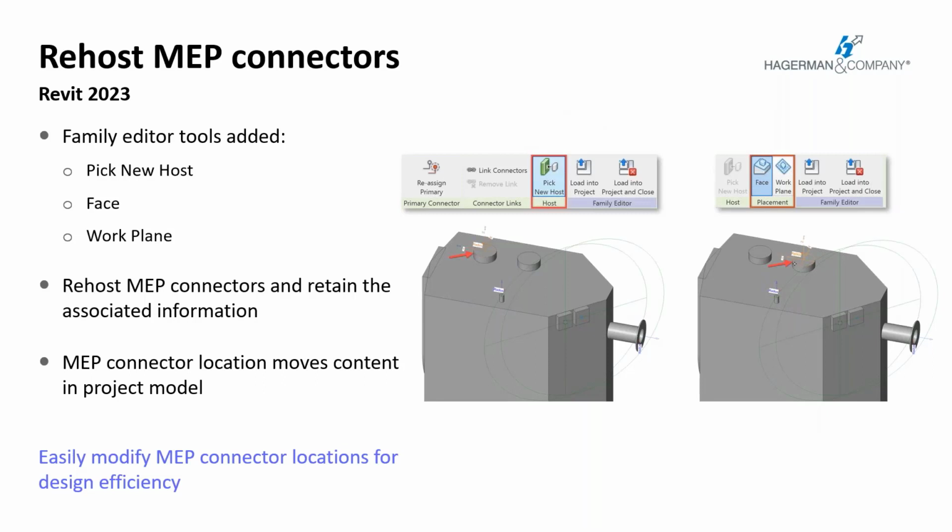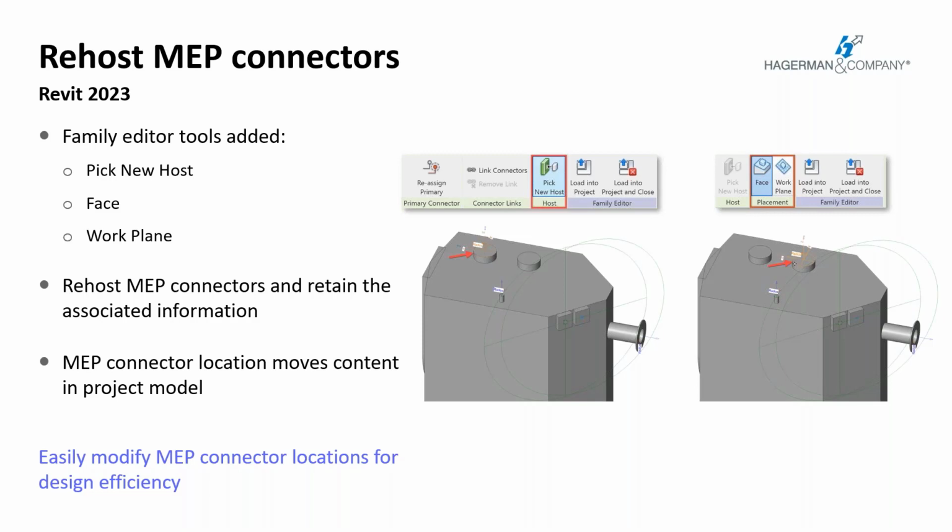This one's a nice time saver too. So Revit 23 enables you to rehost MEP connectors in the family editor. The new tools include pick new host and placement for face and work plane. When you rehost MEP connectors, the information is retained for the new placement.